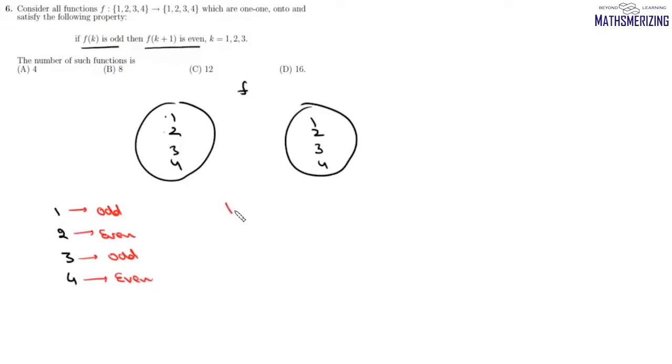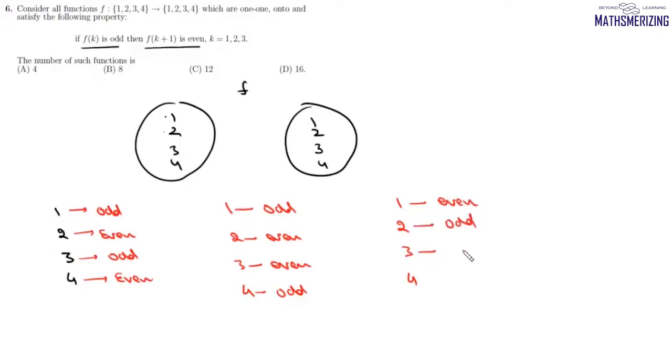Another possibility is this 1 is odd, then 2 is even, 3 is even, and 4 is odd. And we'll have one more possibility, which is when we have 1, 2, 3, 4, where 1 is even, 2 is odd. If 2 is odd, 3 is even, and then this 4 will be simply odd.